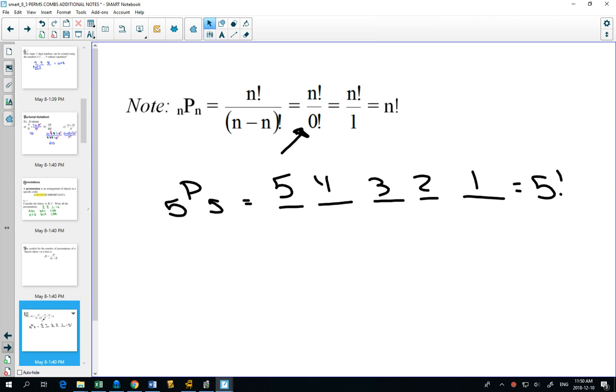And so that's why 0 factorial is 1. And then you just get n factorial as the answer. And we can see from the spaces it has to be 5 factorial. If you had 5 spaces starting with the number 5, you would get 5 factorial. The formula needs to show that as well.